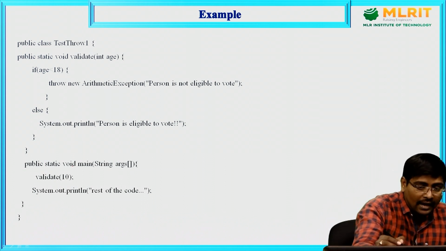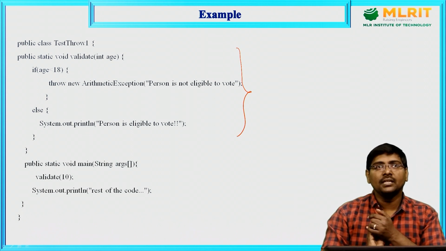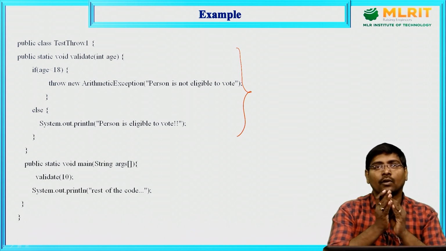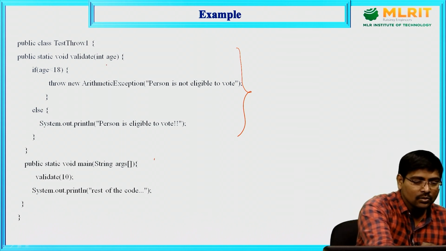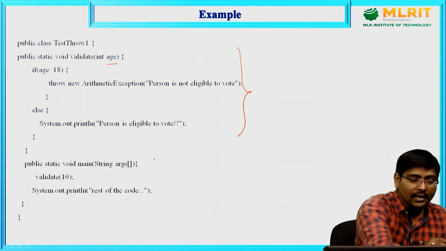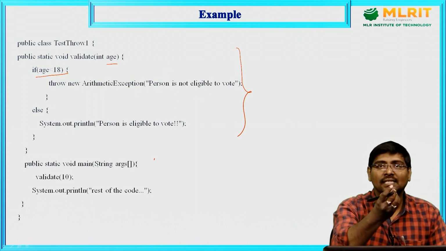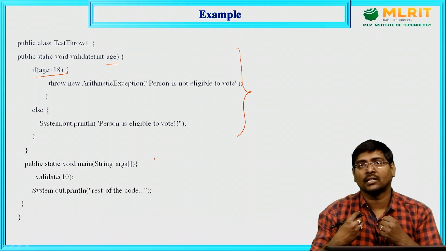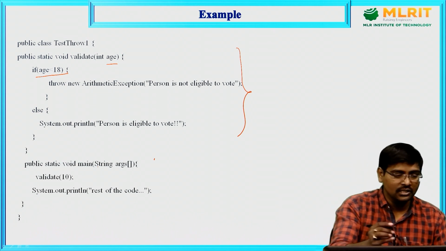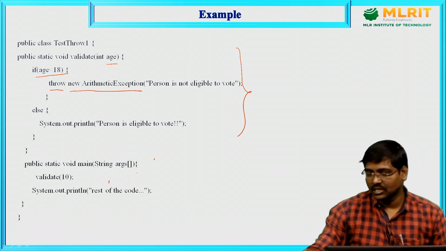First, I write one method. The method name is validate. It takes one parameter, age. Here observe, if the age value is less than 18, then I need to throw an exception. How? See this one? Throw new ArithmeticException.